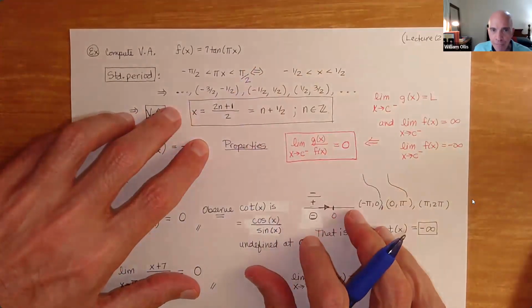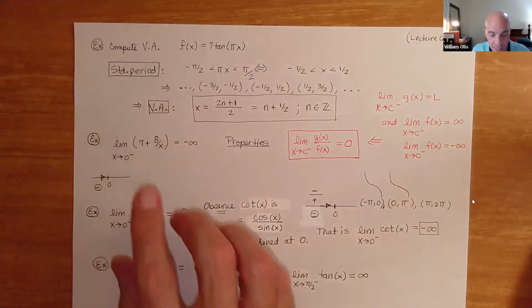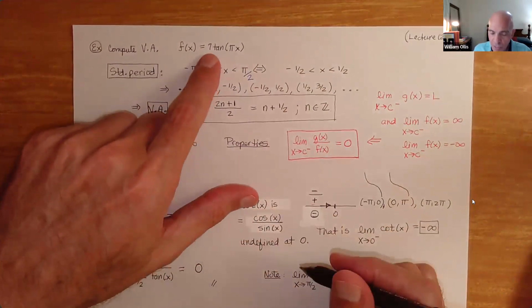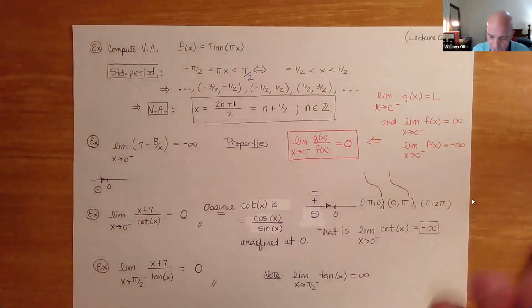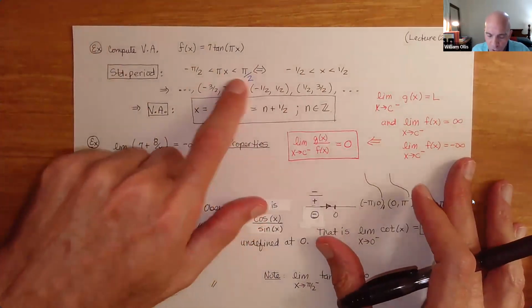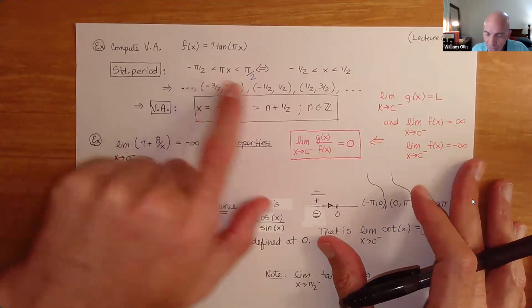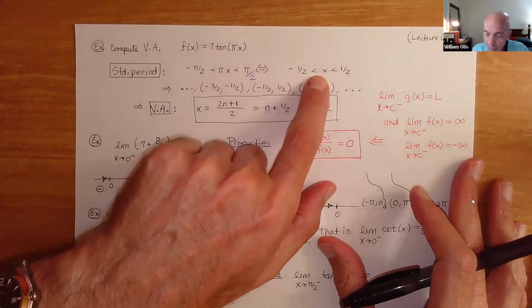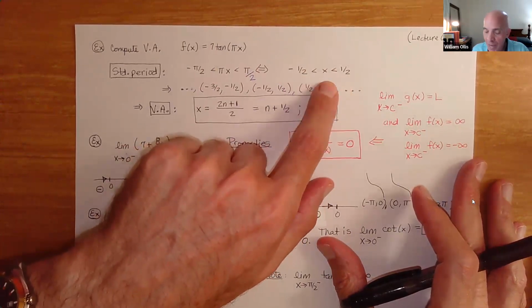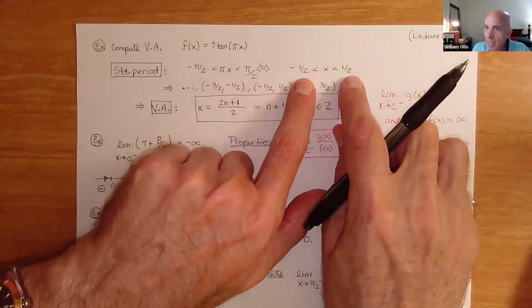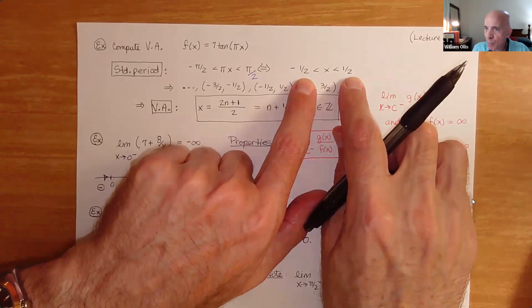Now notice here that the 7, even though it's kind of in the way, obviously has no impact on this, so don't worry about it. So now, of course, the pi's absorb, and you just have -1/2 and 1/2. So x is sandwiched between these two values, and these become the new asymptotes of the principal period.